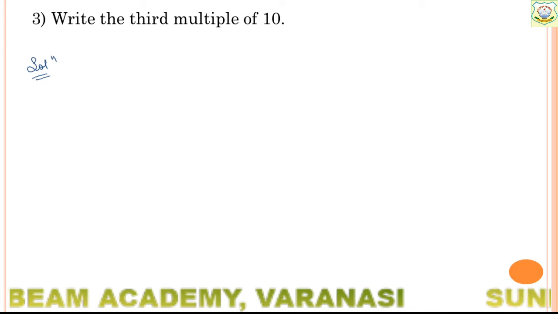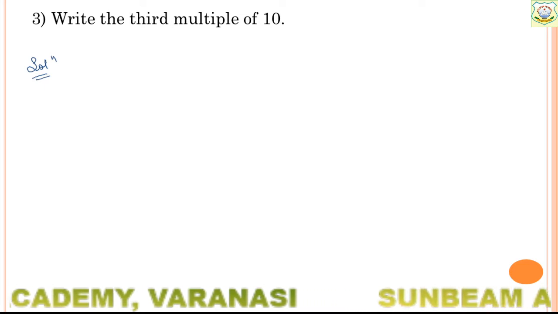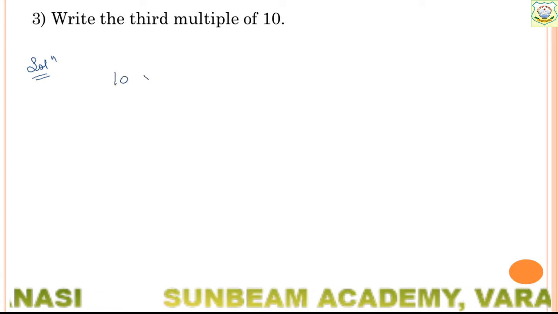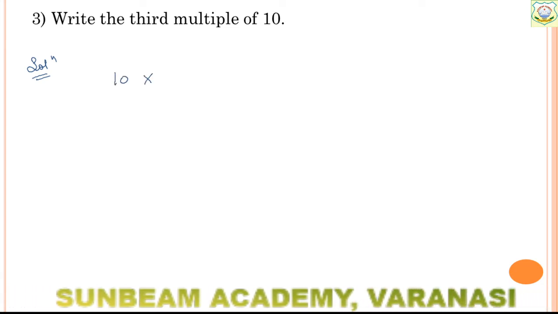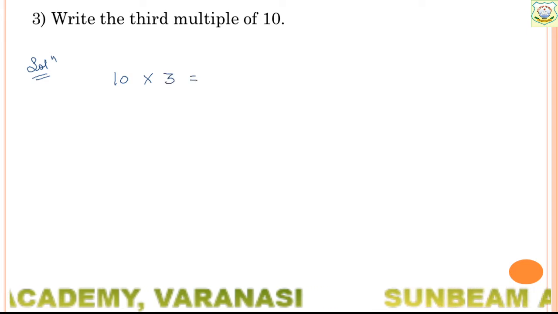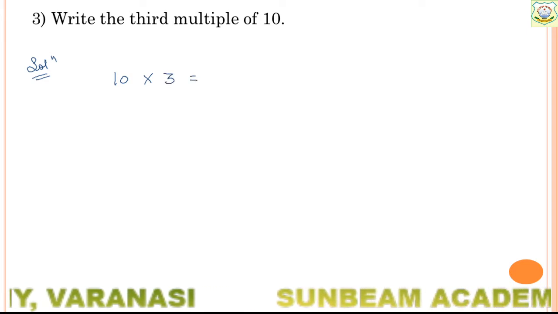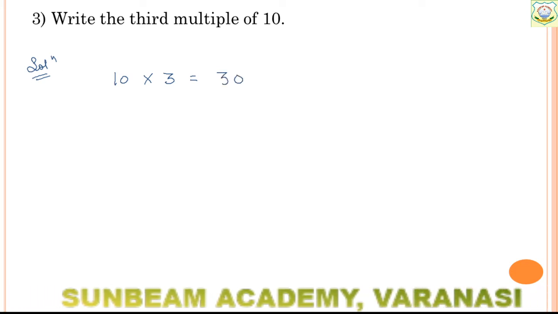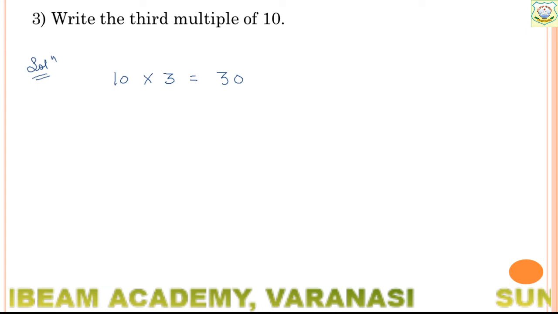So now what we have to do? We have to write the multiple of 10. So we will write here 10 multiplied by, which number is it asking? Third. So we have to multiply by 3. So 10 multiplied by 3 is 30, right? So now only the third multiple we have to write.